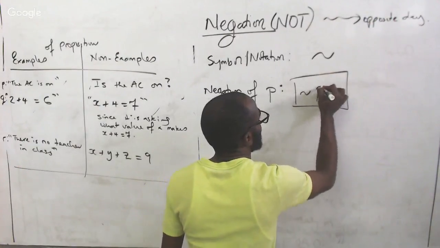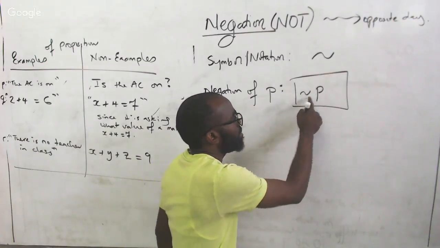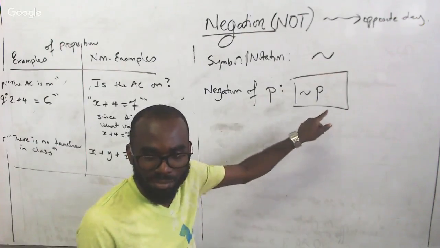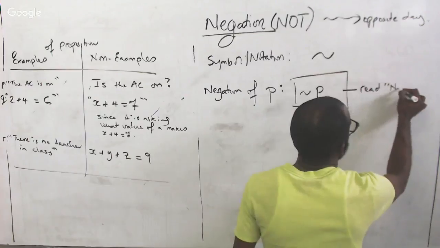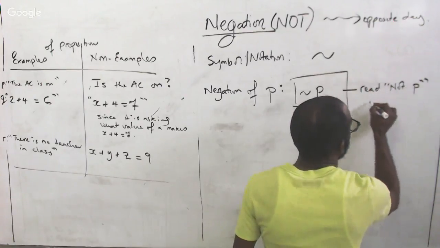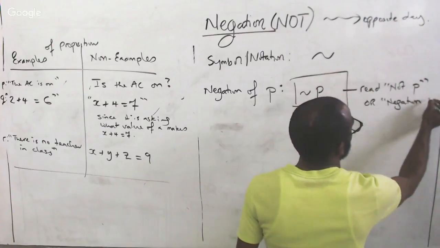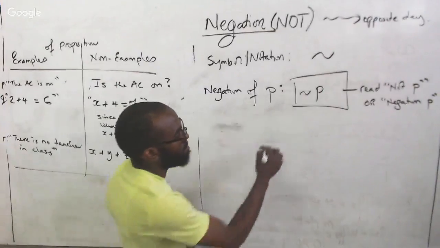Squiggly P. Because squiggly is a symbol. And then we have to say symbol with symbol. Fair enough? So that squiggle P means not P. And it is read, not P. Or negation P. Making sense? That would be in symbol.